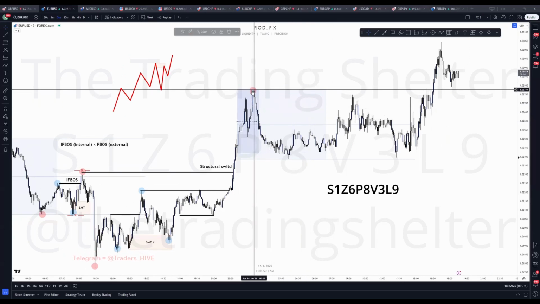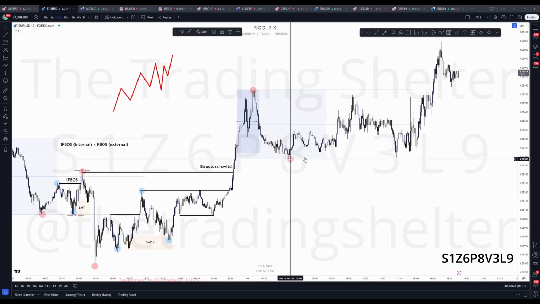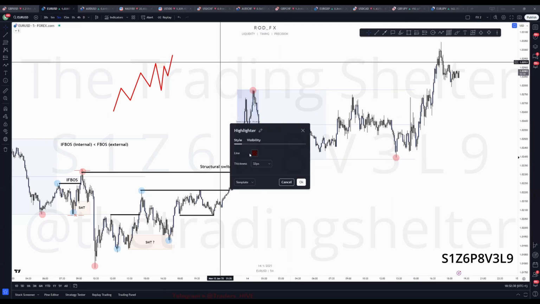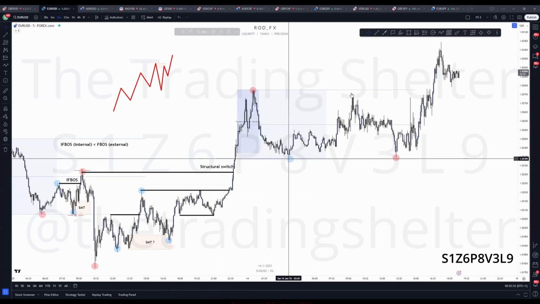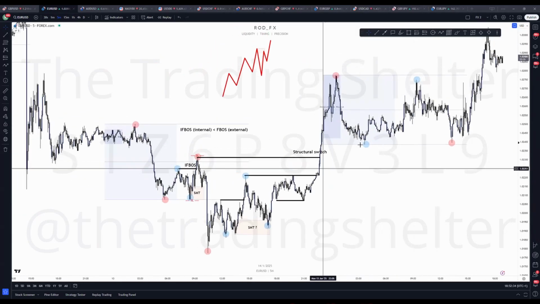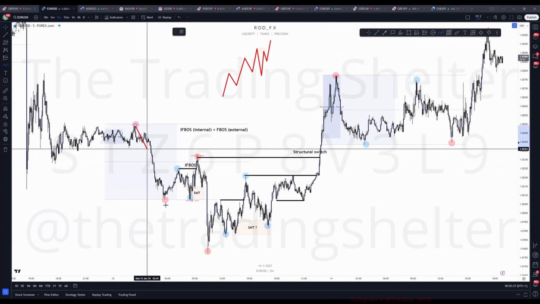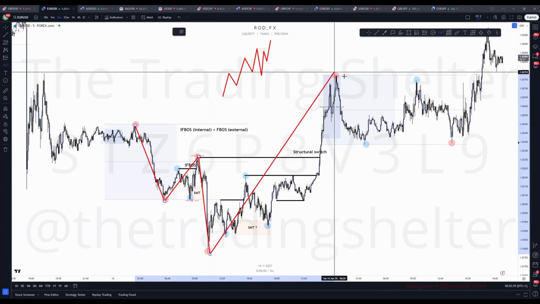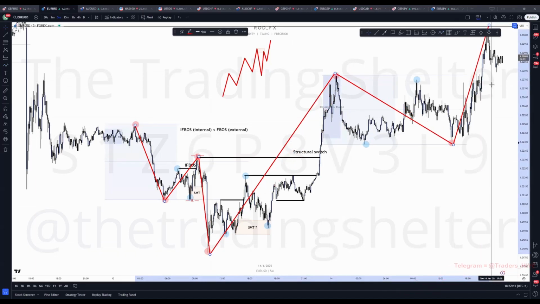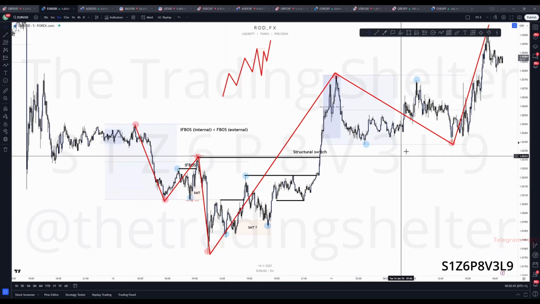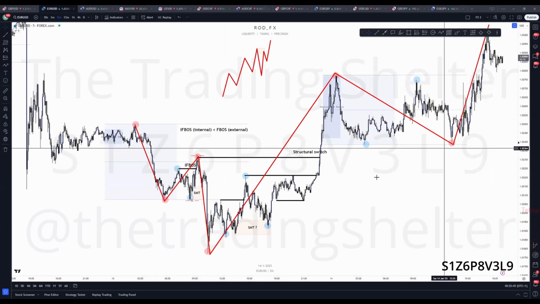Isn't it surprising that it just continues? This needs to be blue. It just continues into the perfect structural shift legs, right? See, structural shift has been made, price just continues.